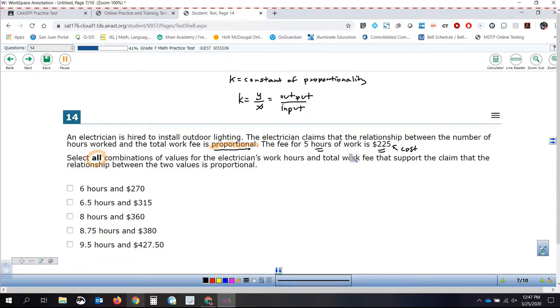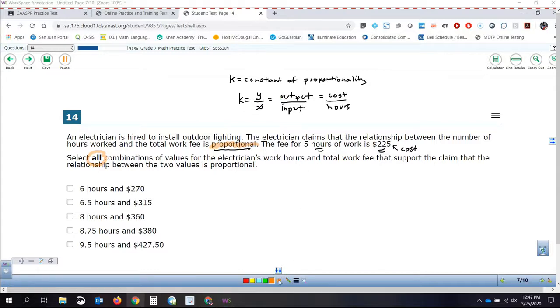If you think it through, the cost depends on the hours of work. So the output is going to be the cost, and the input is going to be the number of hours. So if we do the cost divided by the hours, that will give us k.